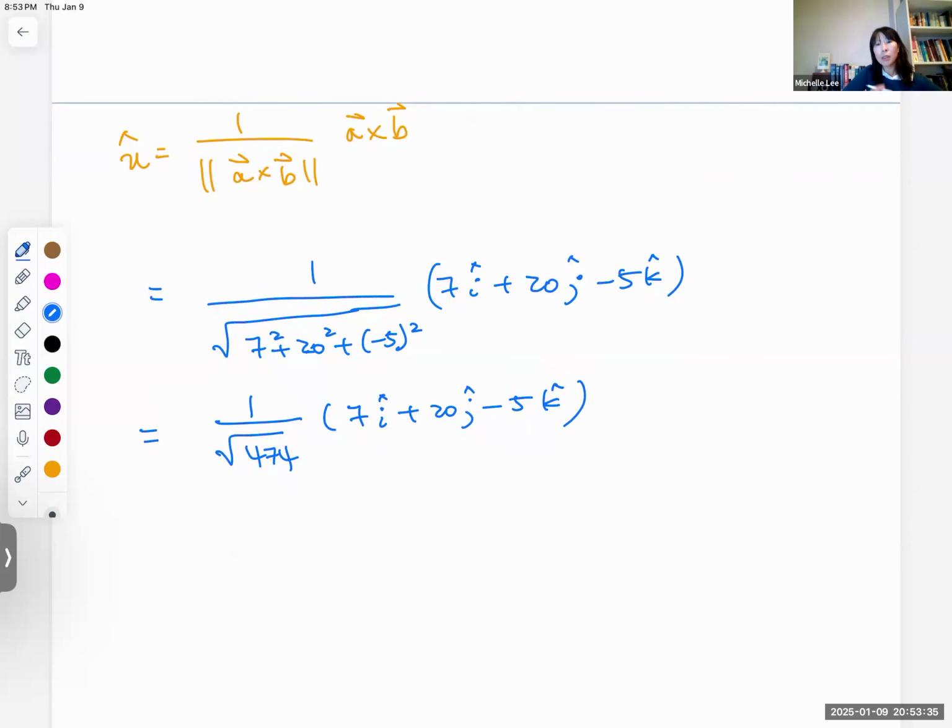We can just leave it like that. But if we want to express it in vector component form, we can use 7 over square root of 474, 20 over square root of 474, and -5 over square root of 474. That's the vector component form.